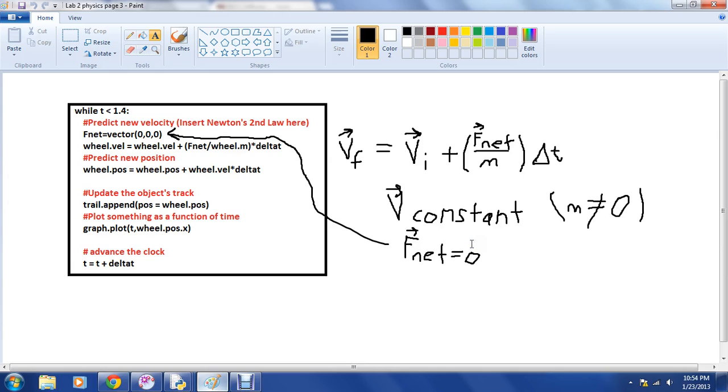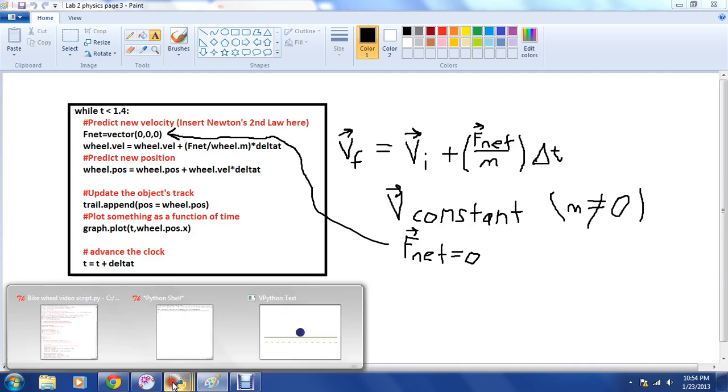By applying Newton's second law, we find that the object will be in constant motion because there are no forces acting upon it. And the only way for the final velocity to equal the initial velocity, which is what is predicted to happen here, is that F net is 0, because the mass cannot equal 0, because you can't have a massless object, and the time can't equal 0, obviously.